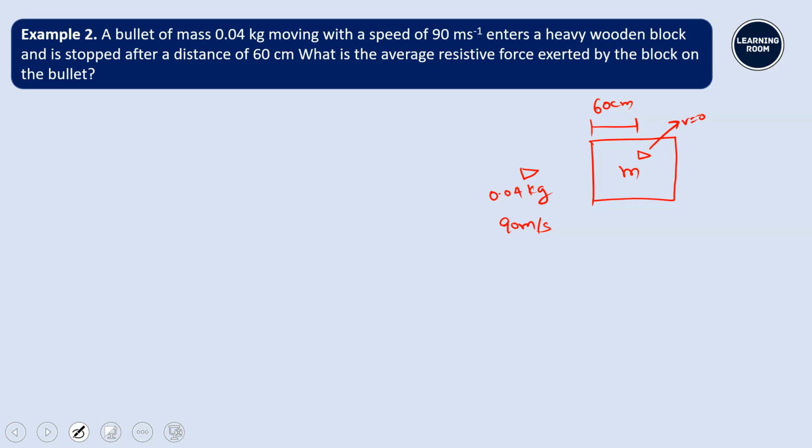So calculate with the same logic. F is equal to mass into acceleration. So the F external is what we need to calculate, that is the resistance force, is equal to the mass of the object which is experiencing the resistance force, 0.04, because it is a bullet. So the bullet is the one which is experiencing the resistance. In acceleration, I can write it as v minus u divided by t.